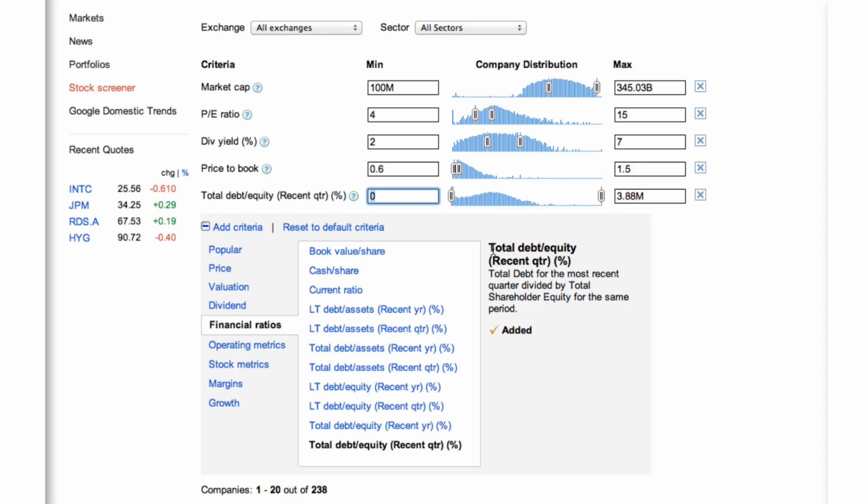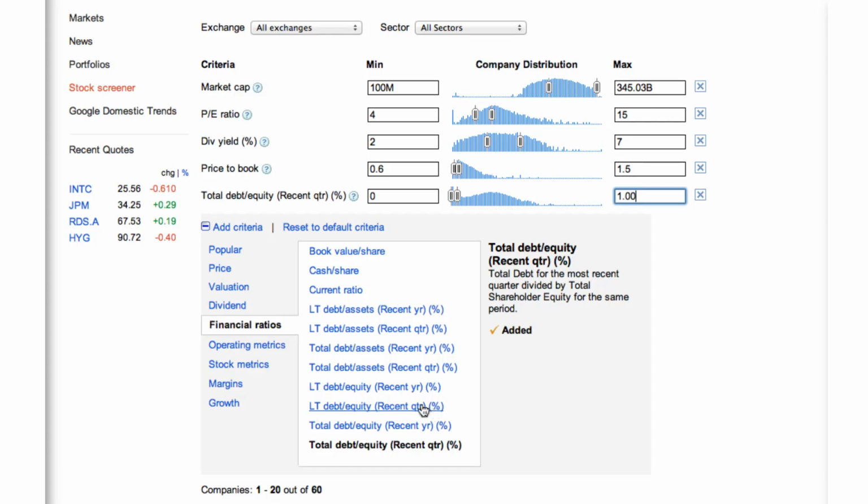For the total debt to equity for the most recent quarter, I'm going to put in here anything under a 1.0. Whenever we were figuring out the debt to equity ratio before, we weren't using the total debt.